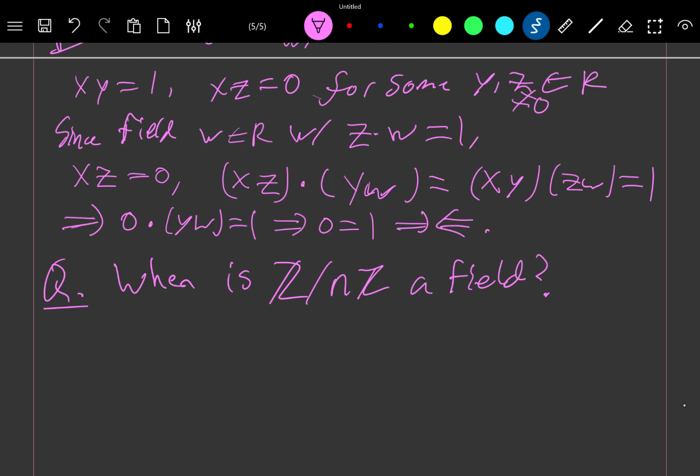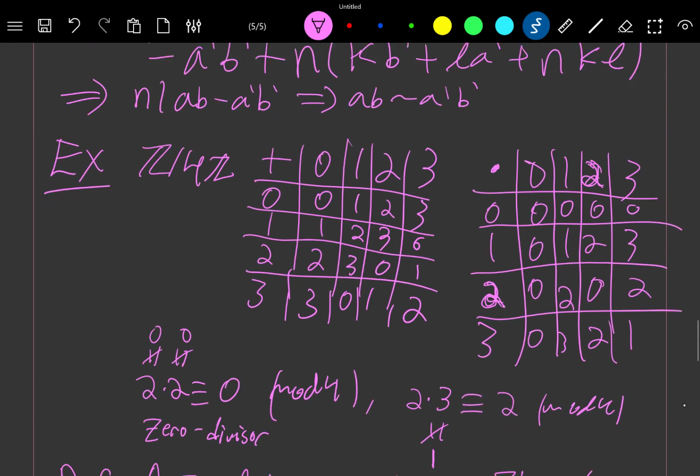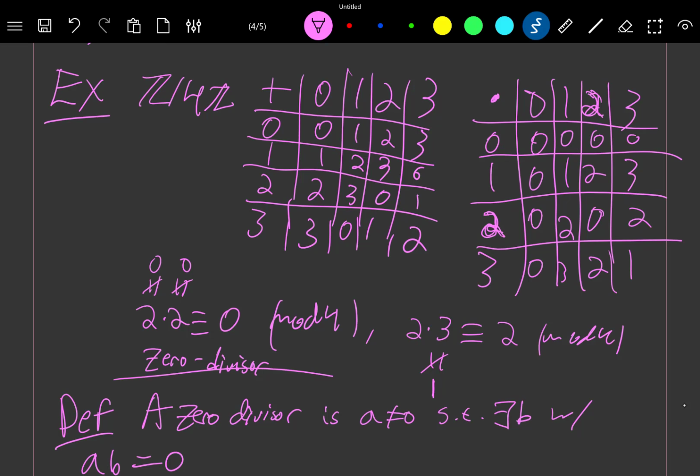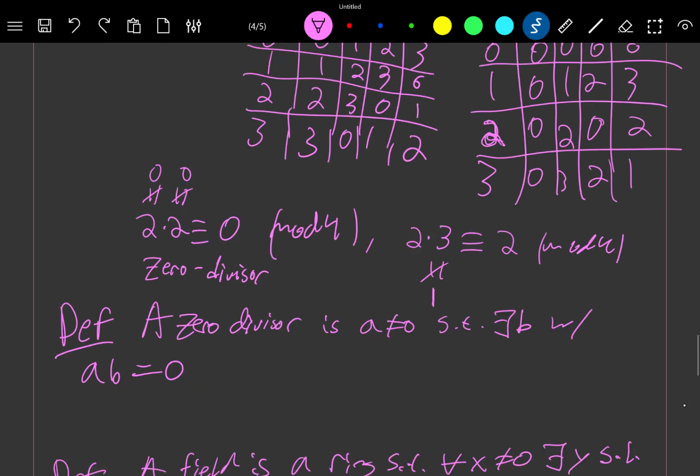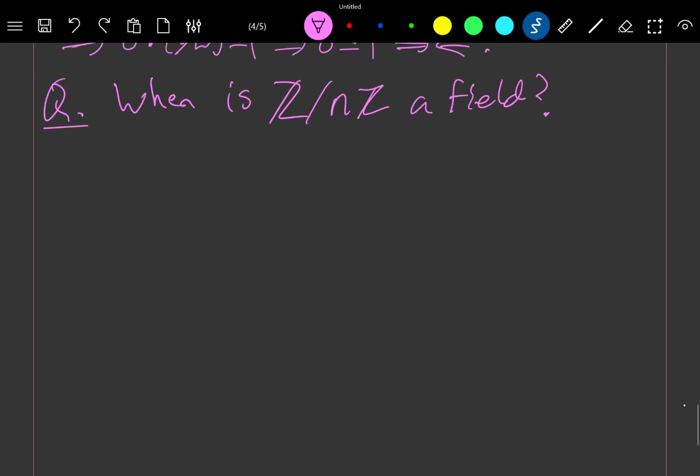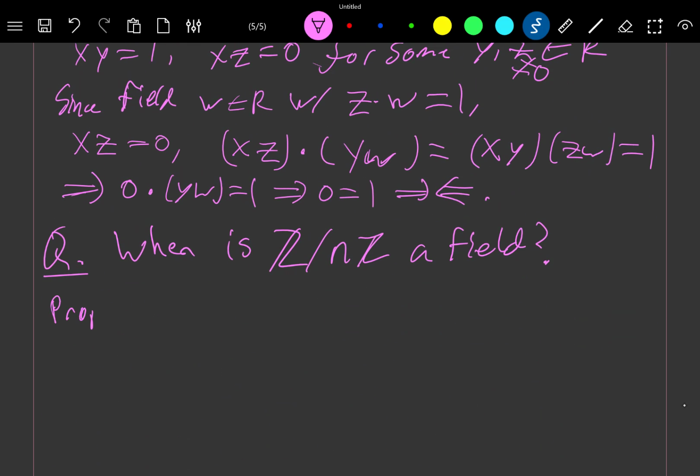Something we could note: what goes wrong when we were looking at Z mod 4Z? We had 2 times 2 is equivalent to 0 mod 4. Well, 4 factors as 2 times 2. So that's one issue that can come up. So if n is not prime, Z mod nZ is not a field.